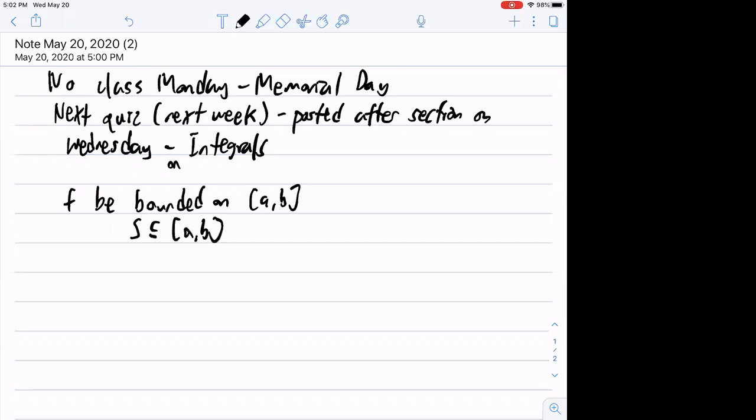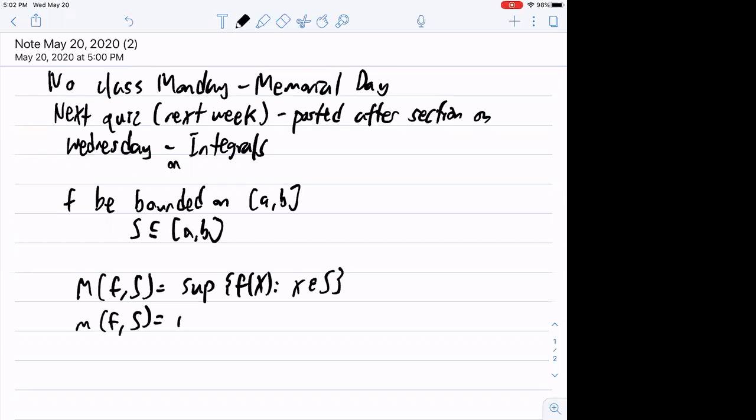This is just notation. We denote capital M(f,S) to be the sup of f(x), where x ranges over all elements in S, and little m(f,S) to be the infimum of f(x), where x runs through all of S.